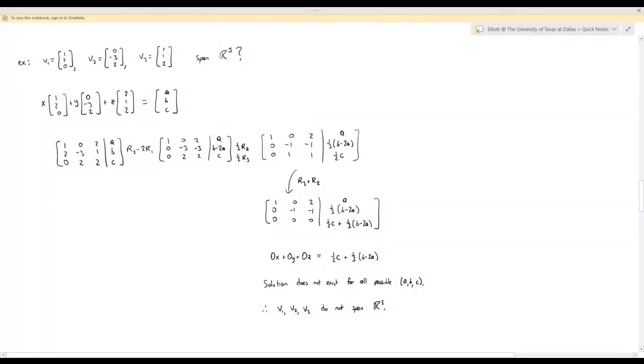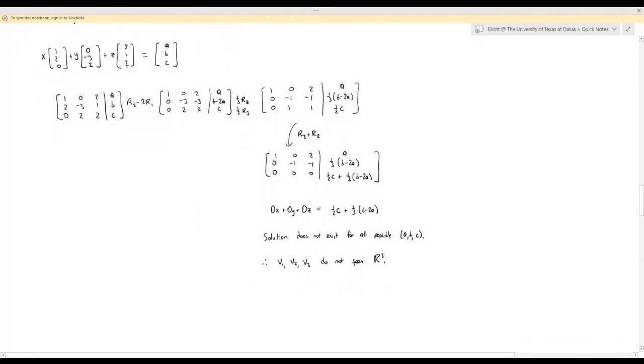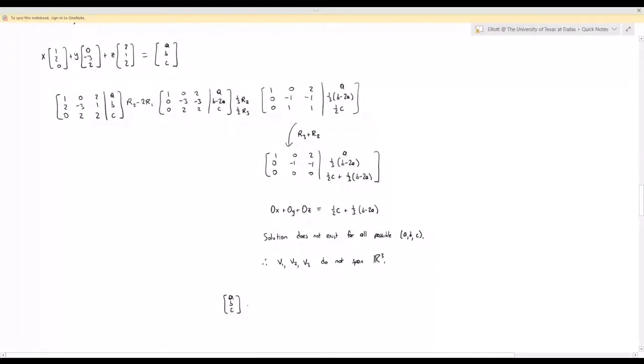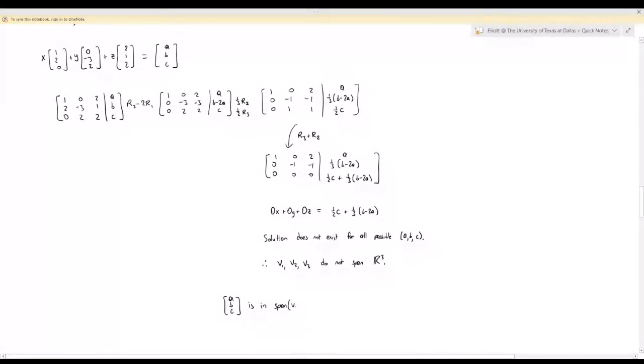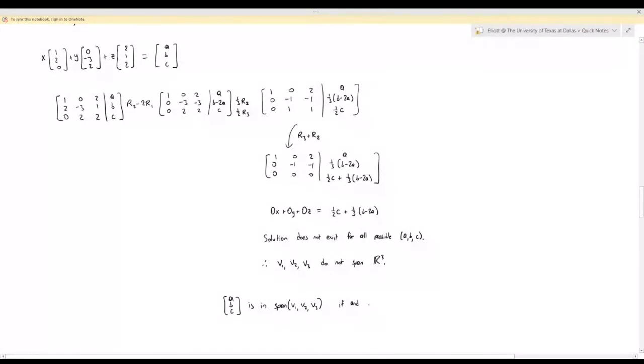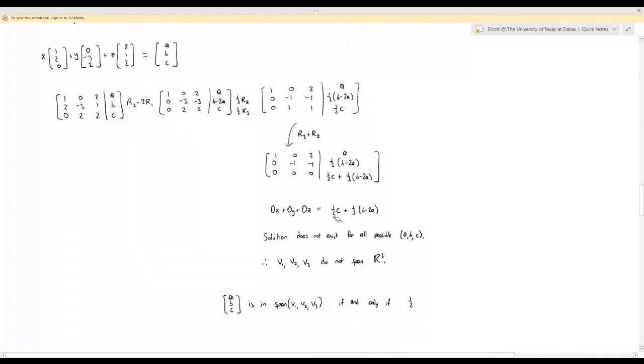Now, we could actually be a little bit more specific. We see that a solution would only exist when the right-hand side of this equation is equal to 0. So that tells us that a vector ABC will be in the span of our three vectors if and only if this expression that we had on the right is equal to 0.